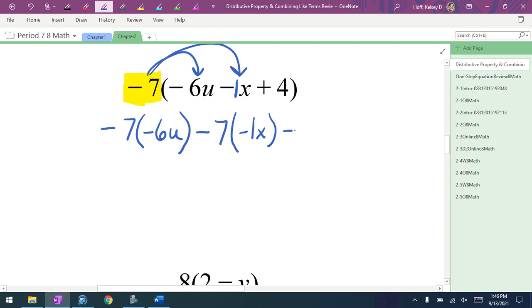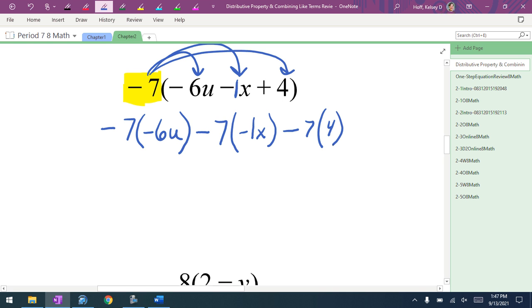Then I'm taking a negative 7 times positive 4. Nicely done. Make sure your line of work is the same as mine. It will help you when you're multiplying and keeping track of those signs. Okay? Make it look like mine. Don't use an X for multiplication. It should be one line like mine is. Your note should look identical to mine.